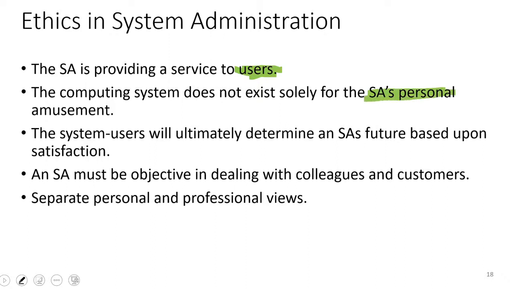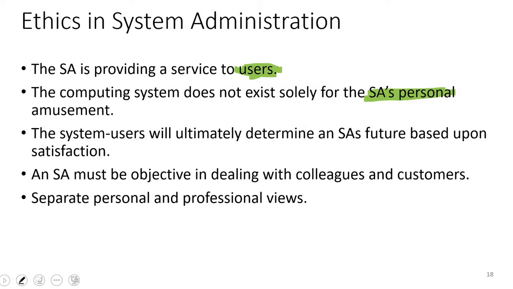We should not give way to such personal agendas or interests. If a system administrator is interested in using a particular type of software, they should not force everyone in the organization to use it. They should consider the end users as the important part.